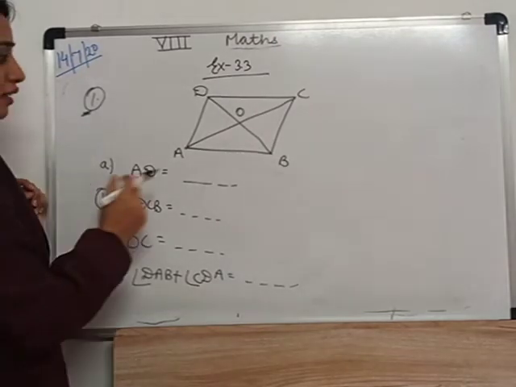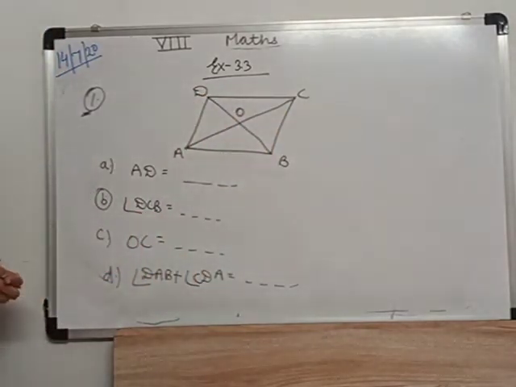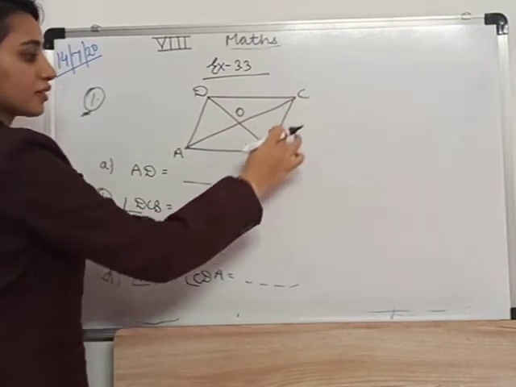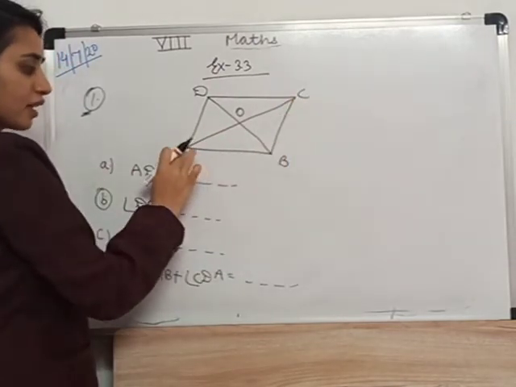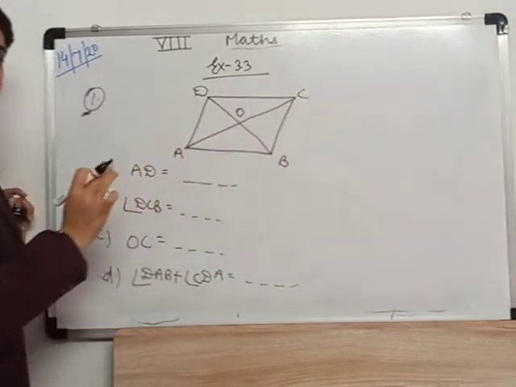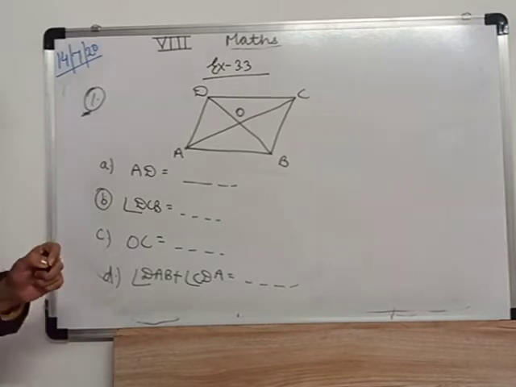See, AD means this side. AD is equal to which side? AD is equal to BC. Don't write CB, because the name should start from A. AD is equal to BC because opposite sides of a parallelogram are equal.